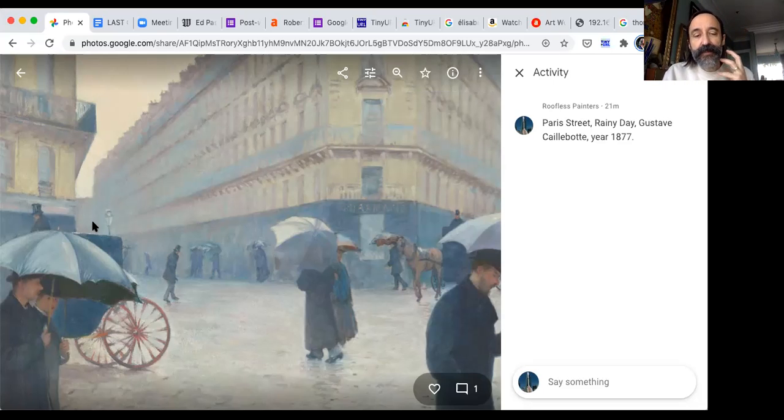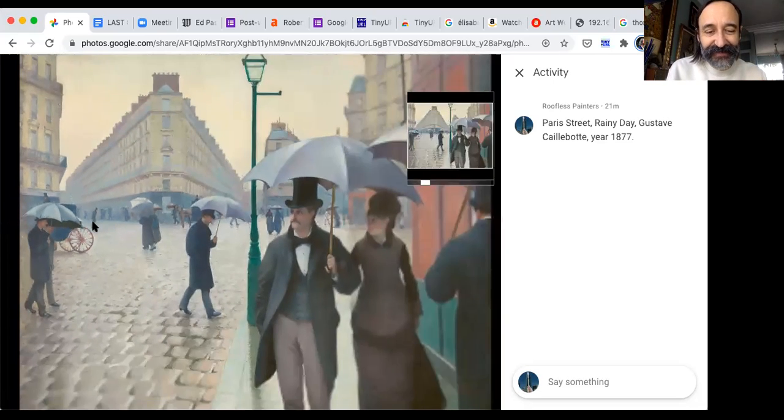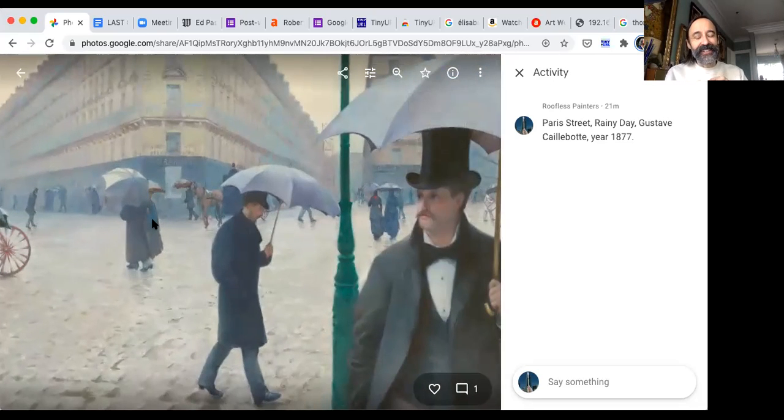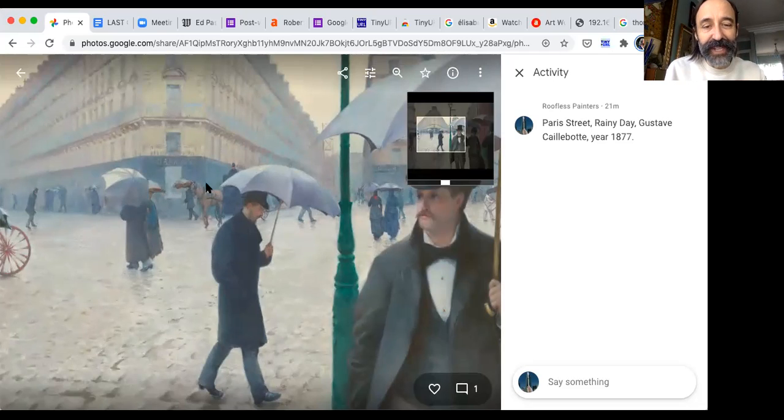I think it's important also here to point out the non-compartmentalization of the colors. There's gray on the cobblestone, I forgot, I'm just going to say the ground, and then also on the buildings.